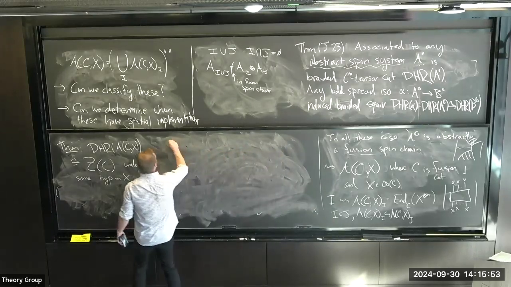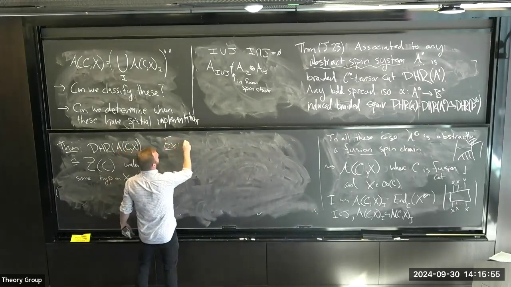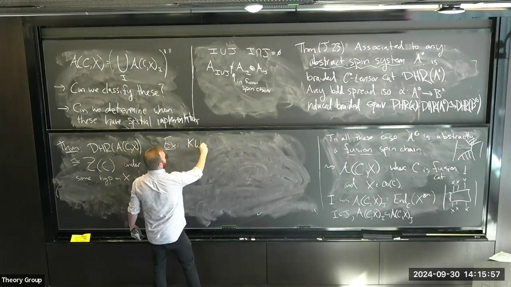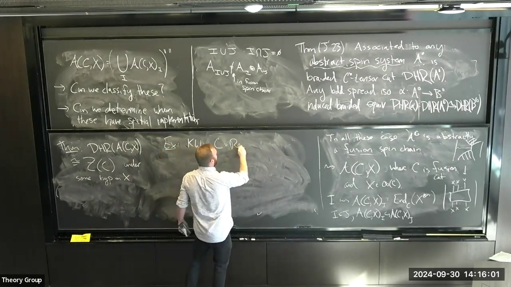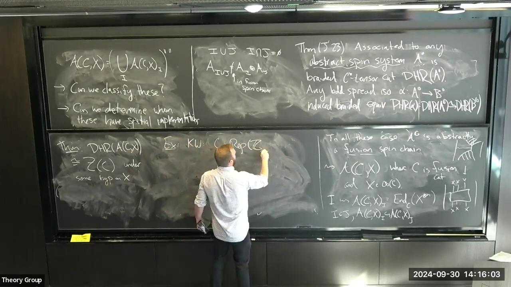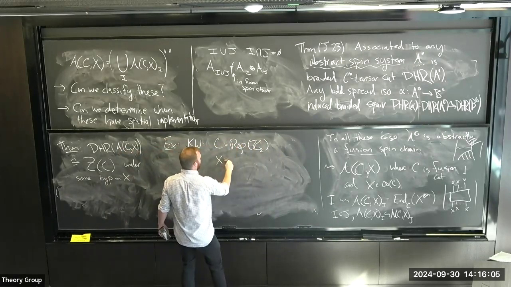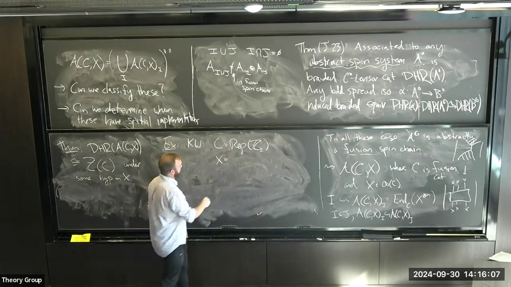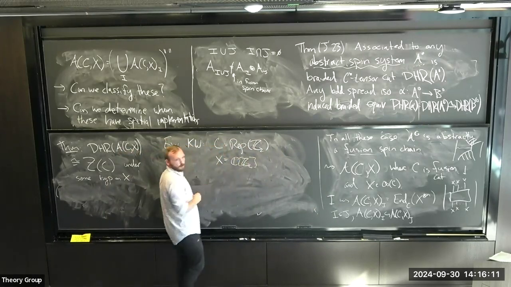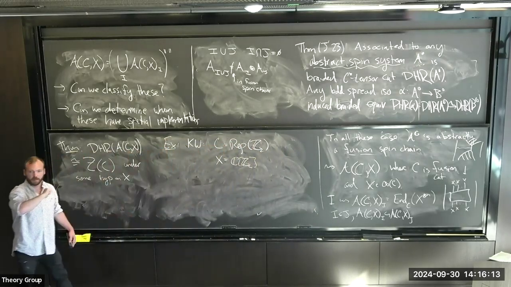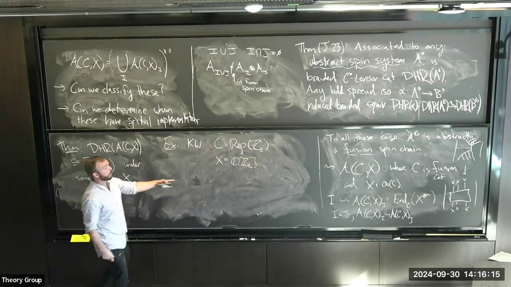Okay, so the example is Kramers-Wannier. Here, take your fusion category C to be Rep of Z2, and take your object X to be the left regular representation. So it's just Z2 acting by spin flip, and think of that as an object in this fusion category.